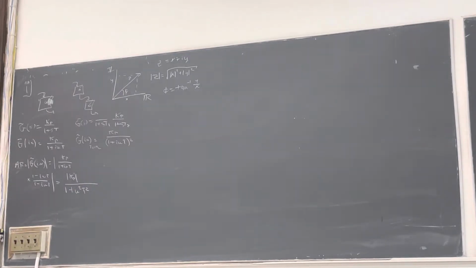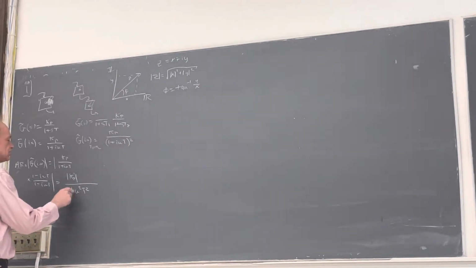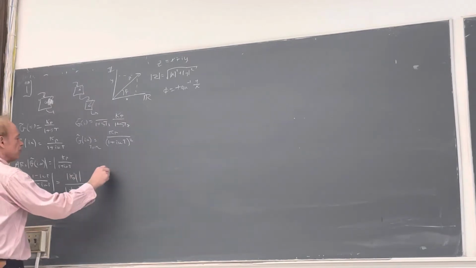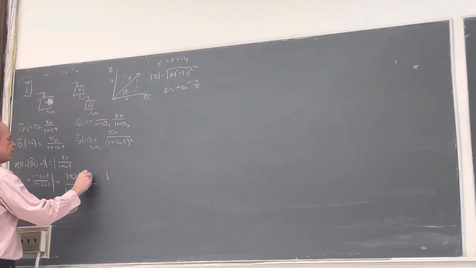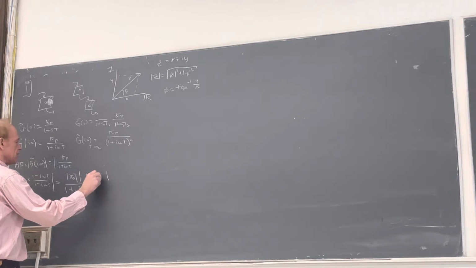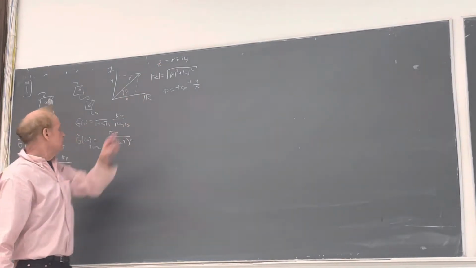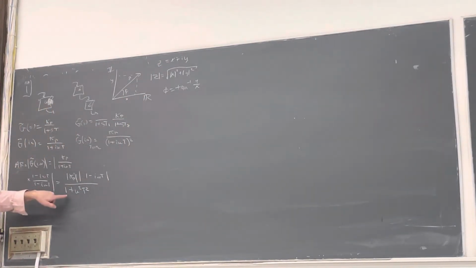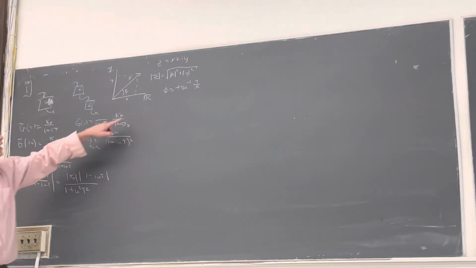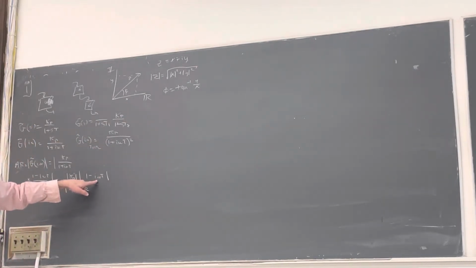And that's a positive quantity. In the numerator, I have 1 minus iωτ. So now I have the real and the imaginary part. x is just Kp over 1 plus ω squared τ squared, and y is minus ωτ Kp over 1 plus ω squared τ squared.